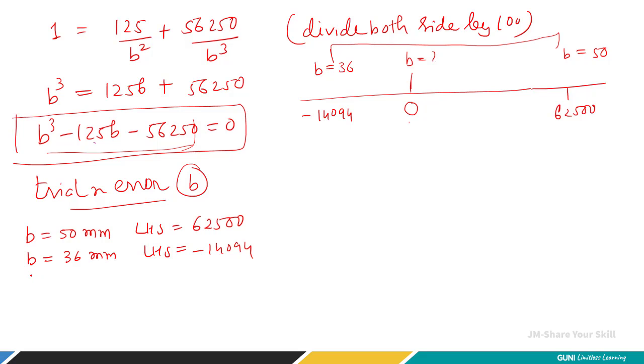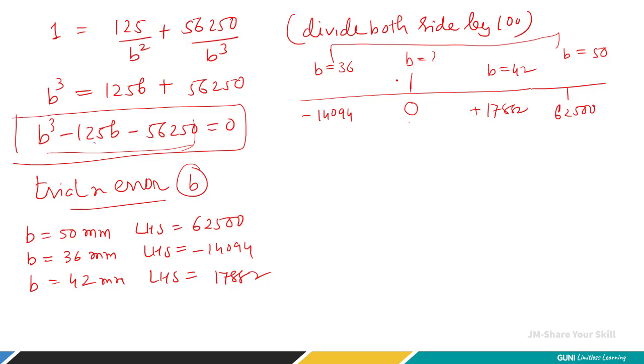Okay, so let's take first 42 and check it. What is the left hand side? It comes out to be a positive value. So when you take b equal to 42, the left hand side comes out to be a positive value of 17,000.